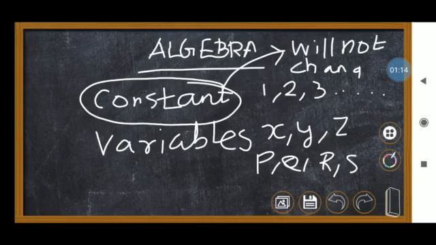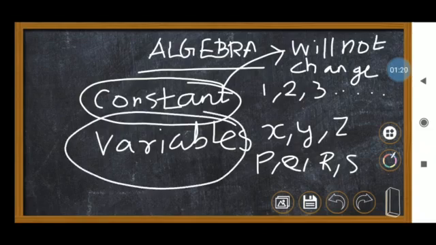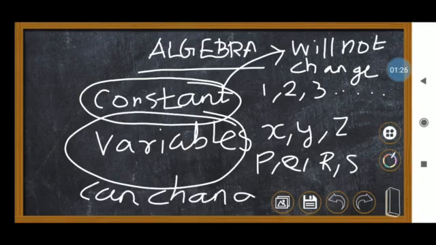That means it will be a static value. If the number is 1, it means 1; if the number is 2, it means 2 only. But the variable can change. It is not a constant, so it can change. We can represent the variable in terms of x, y, z, p, q, r, s. These are the things we have discussed so far.